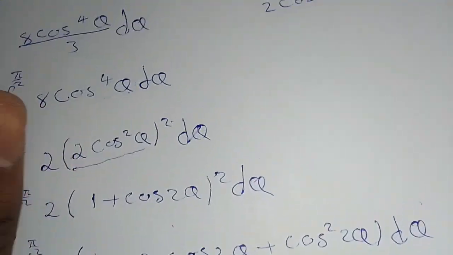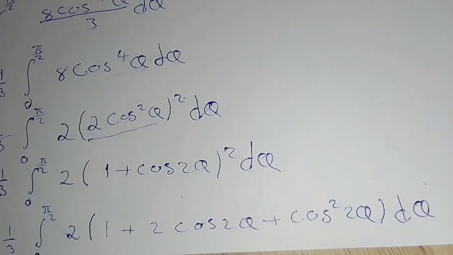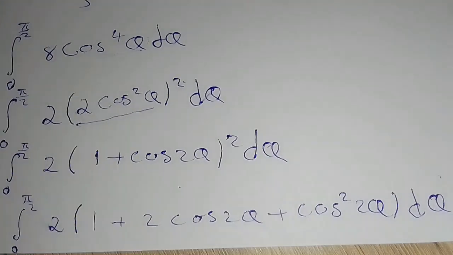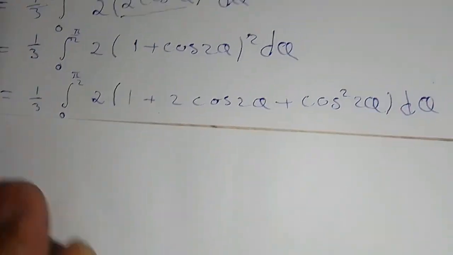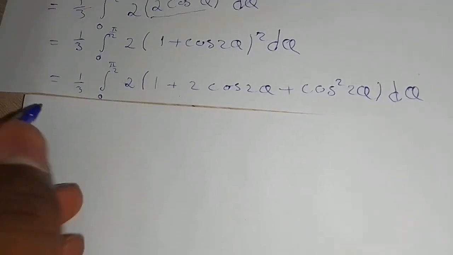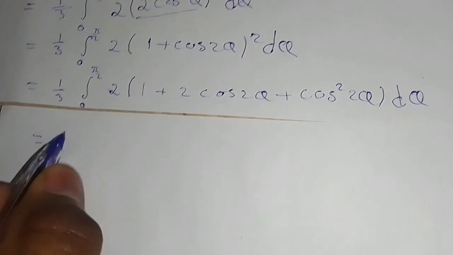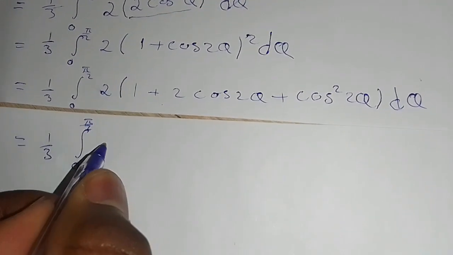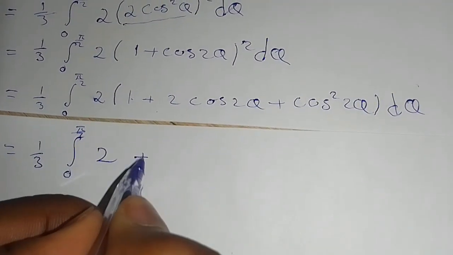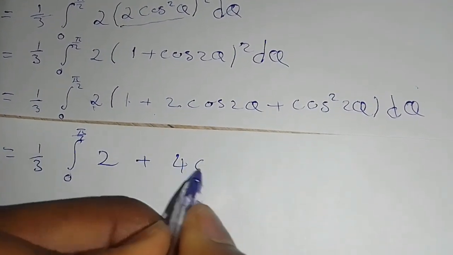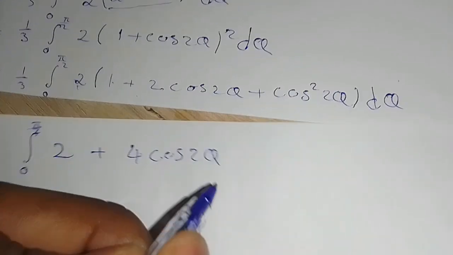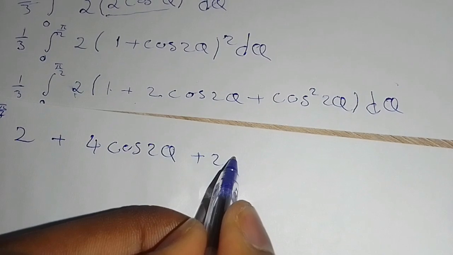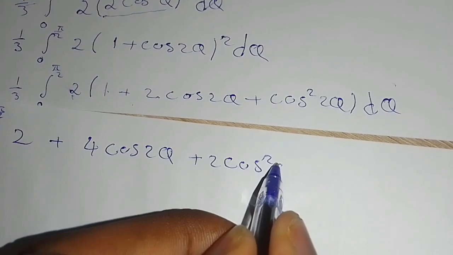Right. Okay. So now what we have is 1/3 the integral from 0 to pi over 2 of 2 by this, that's 2 plus 2 by 2, that's going to be 4 cos 2 theta, plus 2 cos² 2 theta.